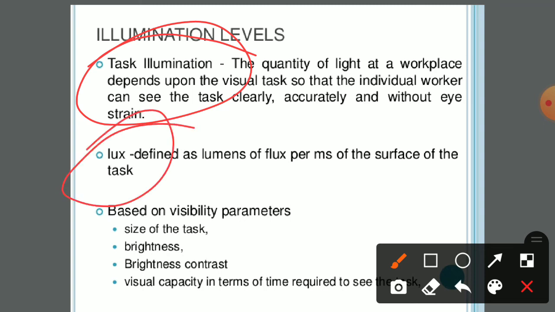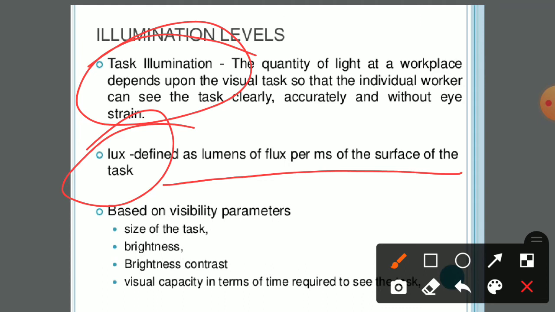Then lux, which is defined as lumens of flux per square meter of the surface of the task. How much lux is required on the surface, you also have to consider.